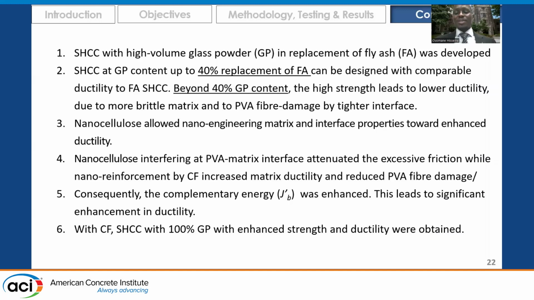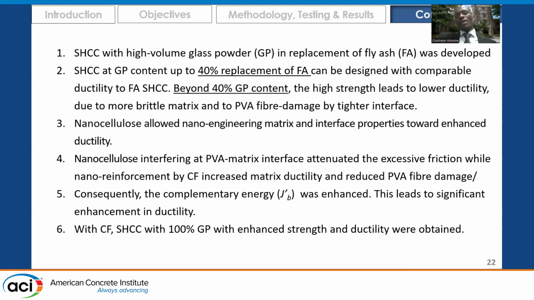By adding nanocellulose, there is a twofold effect. The matrix becomes multi-scale reinforced, nano-reinforced, and also the interface became much more a polymeric interface, meaning less friction that leads to enhancing the pull-out of the individual fibers.